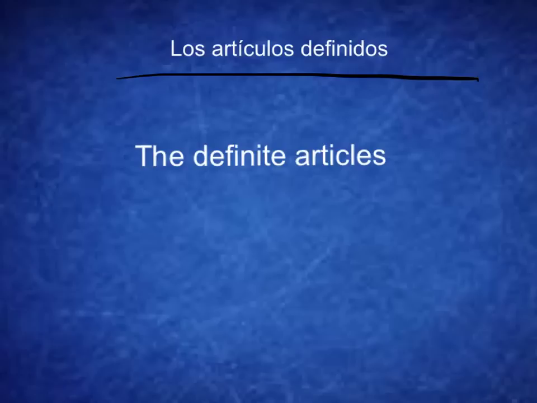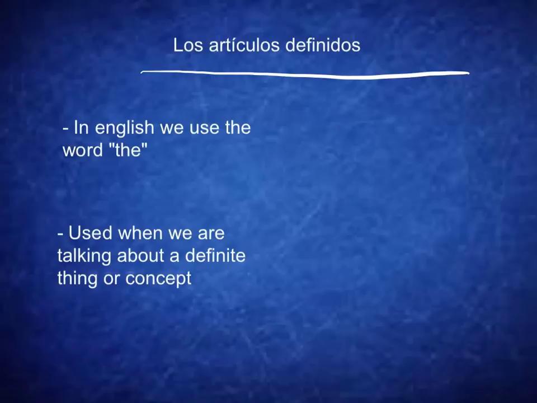But one of the big things you're going to have to learn is that everything has gender and number, plural and singular, and masculine and feminine, which is going to be important on los artículos definidos. So when we take a look at los artículos definidos, in English we use the word the. Right? We have things like the chair.